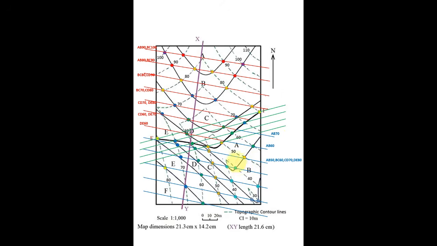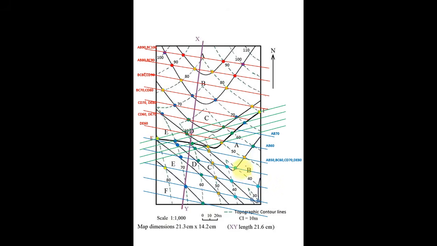This one would be AB 50. Then it is BC 60, CD 70 and DE 80, right? So this DE 80 is there here. This point we had not marked, but that point is also there. It is an intersection of this contour line, bedding junction and the strike line.